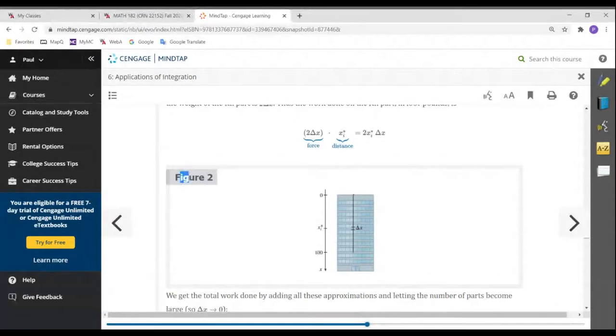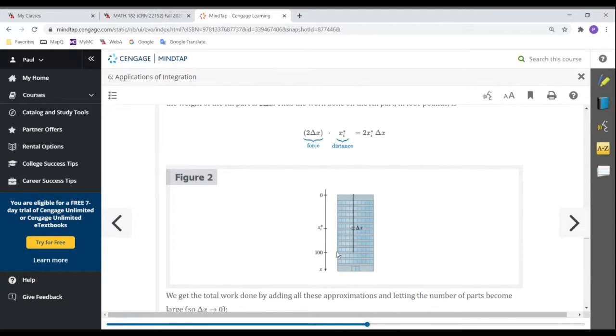So in figure 2, you have the building, and there's the cable. They're showing it hanging from the top of the building.